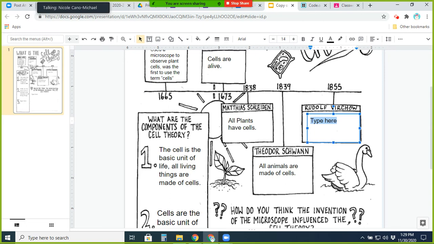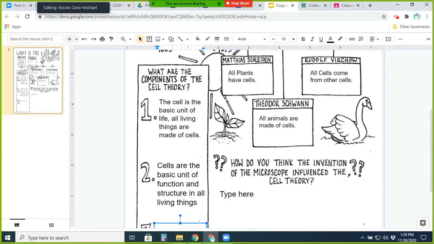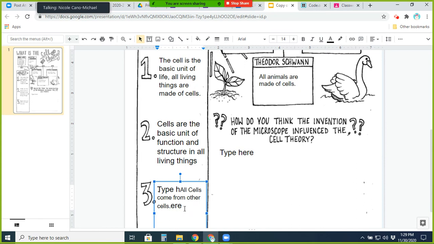So Virchow comes up with the postulate that all cells come from other cells. Okay, so that is the third part, and I'm just literally going to copy and paste this because it's literally the same exact thing. That is the third part of our cell theory, ladies and gentlemen. This idea that all cells come from other cells. And again, that comes from Virchow.